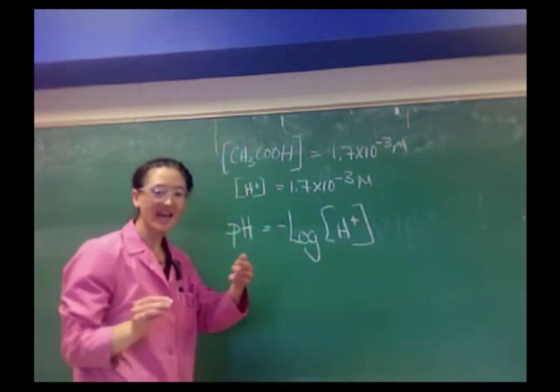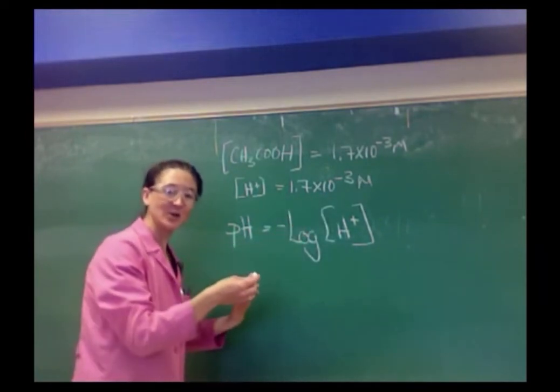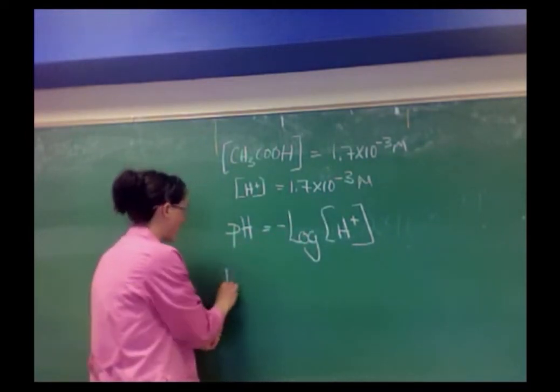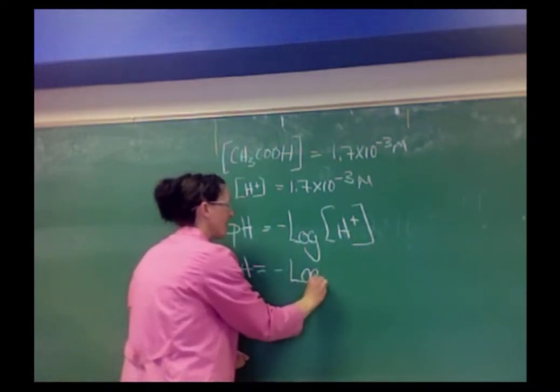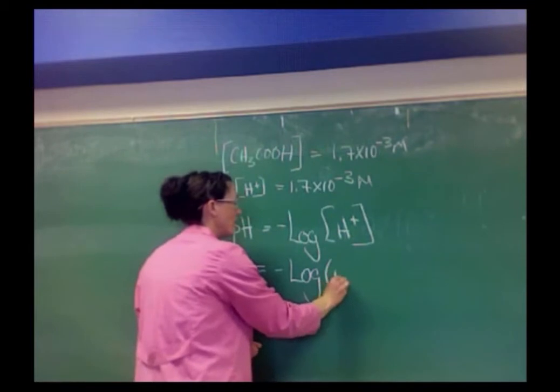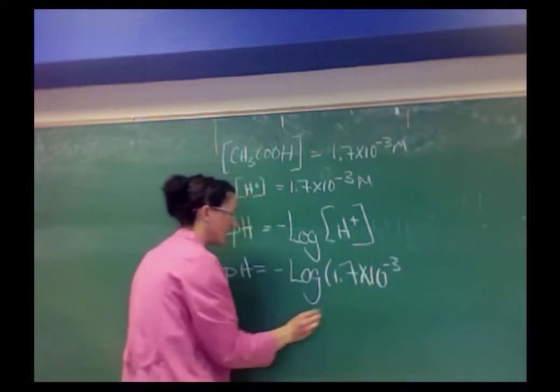And we'll plug in 1.7 times 10 to the minus 3 molar into that equation. So our pH equals negative log of 1.7 times 10 to the minus third.